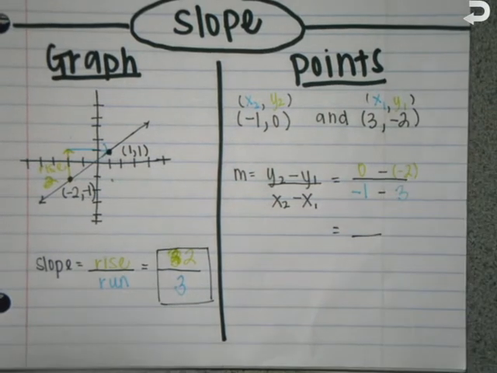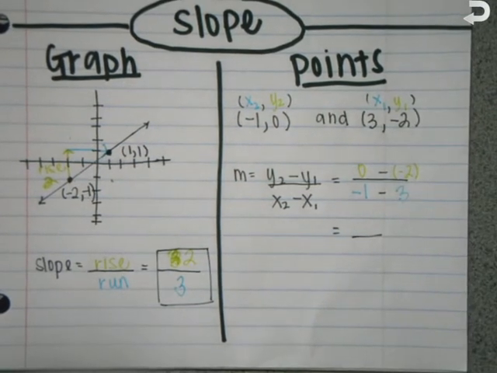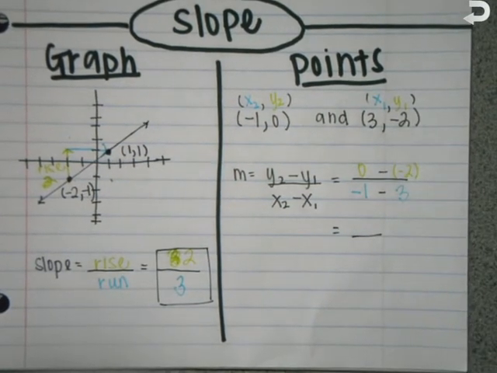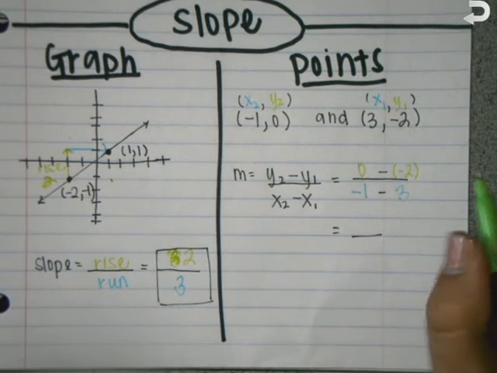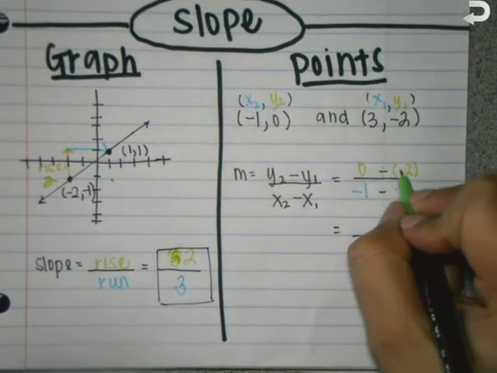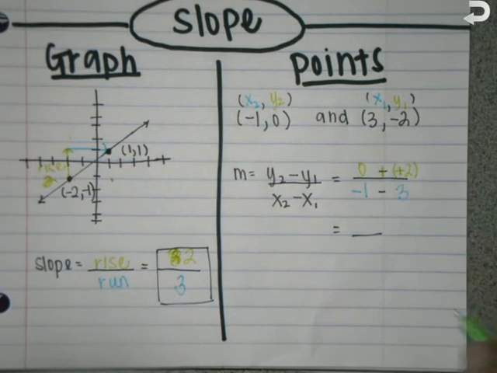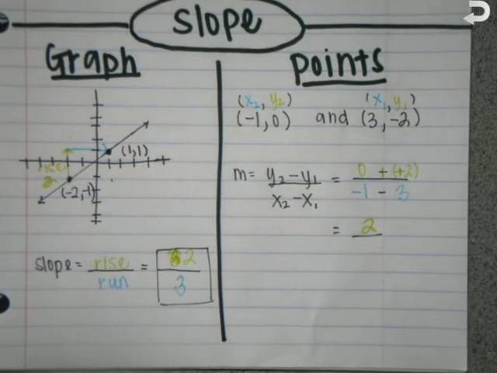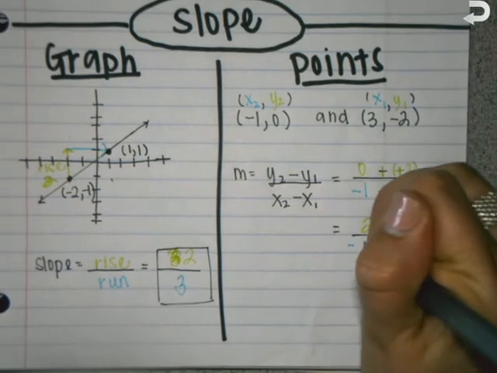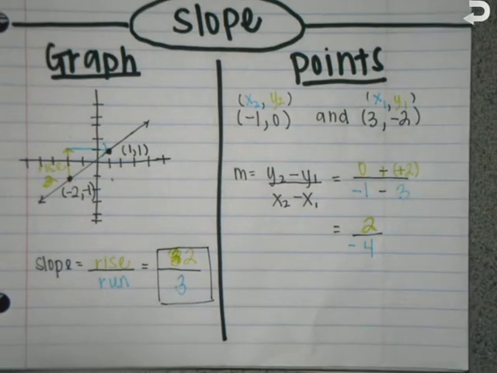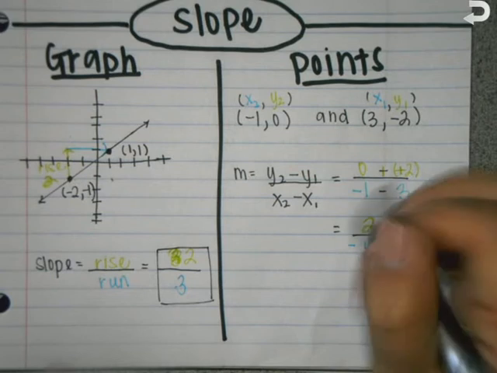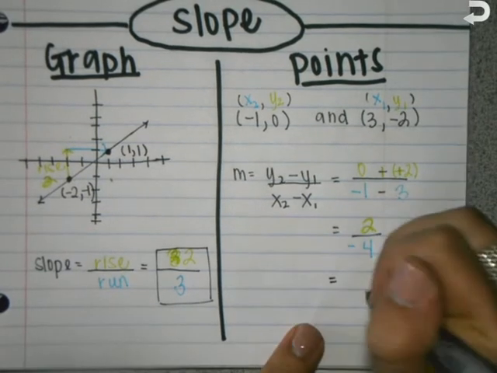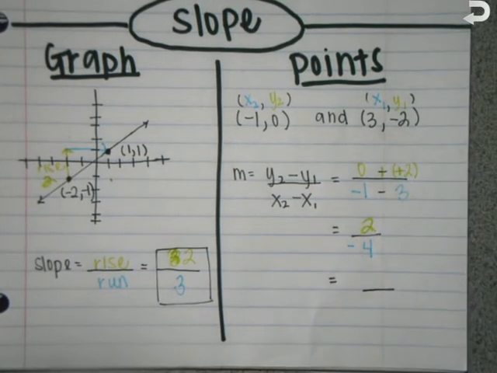So, what is 0 minus -2? When I'm subtracting a negative, what happens? Everything becomes positive. So what's 0 plus 2? 2. And then -1 minus 3 gives me what? -4. Can I reduce that? Yes. And one thing I want you guys to start getting used to: I only have one negative, right?